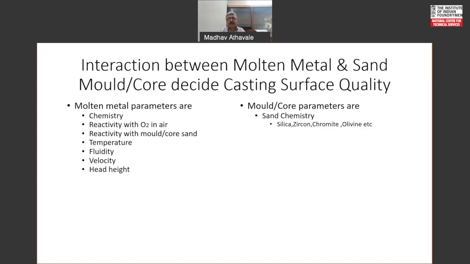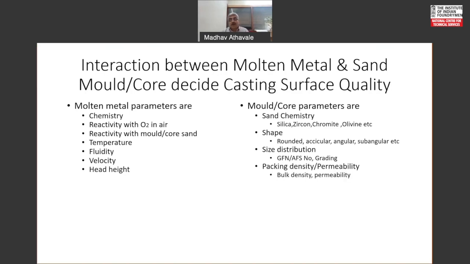On the mold and core side, again, similar ones: chemistry of the sand. So whether it is silica sand, zircon sand, chromite, olivine. What is the shape? Is it rounded, acicular, angular, subangular? What is the distribution and average grain fineness number, GFN or AFS number, as well as size distribution or grading, as we call it.